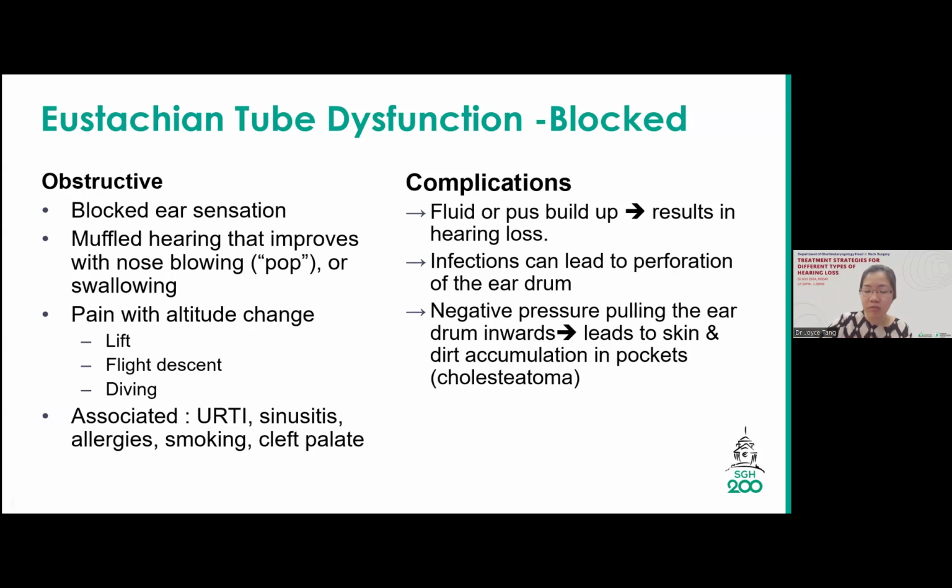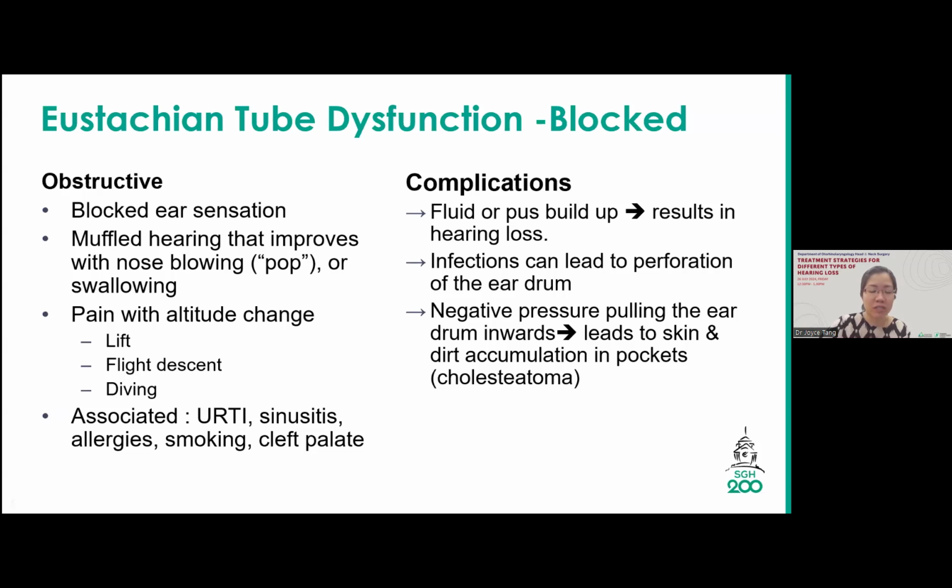The other function of the Eustachian tube is to equalize the pressure. If there is no pressure equalization, there will be a negative pressure that develops in the middle ear. And this constant negative pressure pulls on the eardrum constantly, and it leads to the eardrum becoming deformed and formation of little pockets where skin and dirt can accumulate, forming this disease called a cholesteatoma.